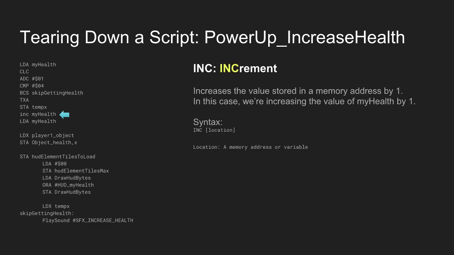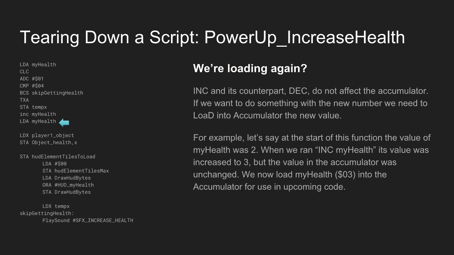Next, we use the increment command, which modifies the number directly in memory without touching any of the registers. It's a nice quick operation, but there's one issue which you get to immediately. Incrementing a number does not put it in the accumulator.